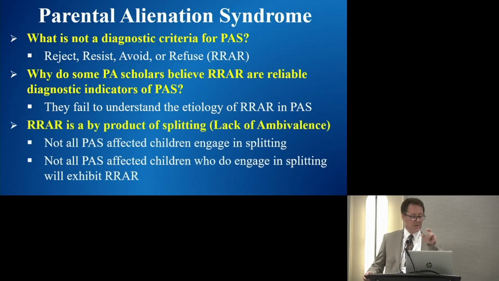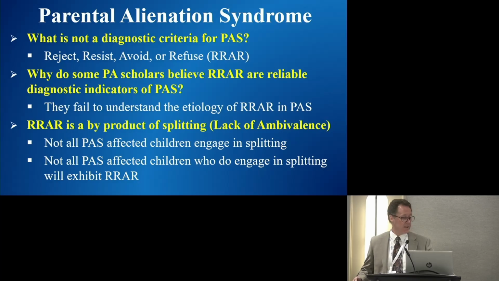Well, they fail to understand the etiology of the resist, refuse, avoid, reject dynamic in PAS. Resist, refuse, avoid, reject, I argue, is a byproduct of splitting. It doesn't happen in all cases. Not all PAS-affected children engage in splitting, and not all PAS-affected children who do engage in splitting will exhibit resistance, refusal, avoidance, or rejection.